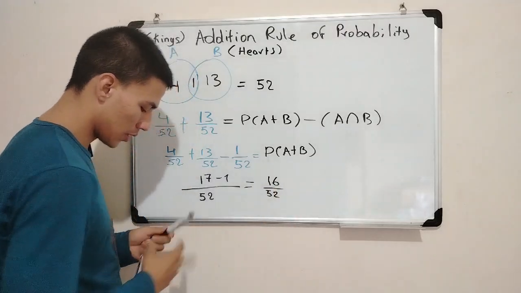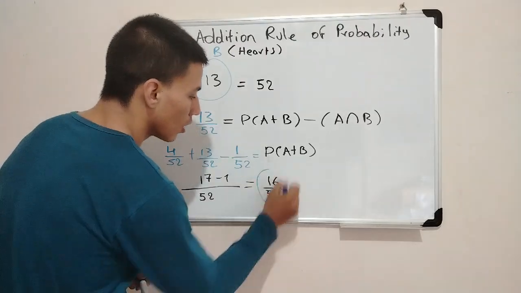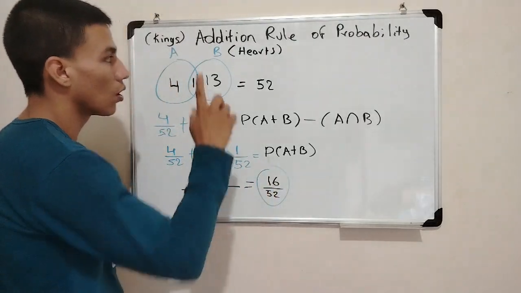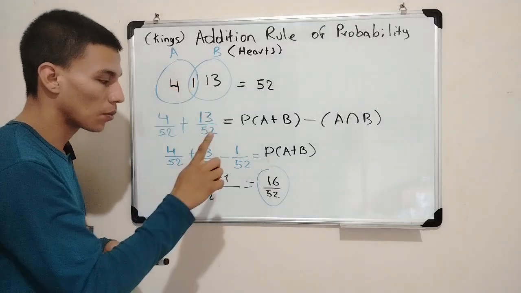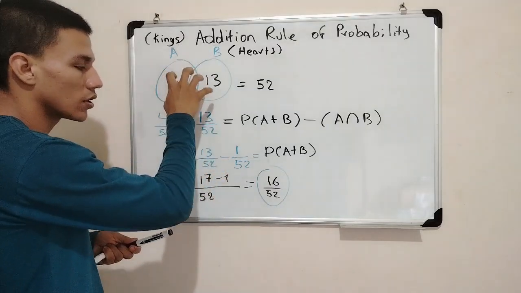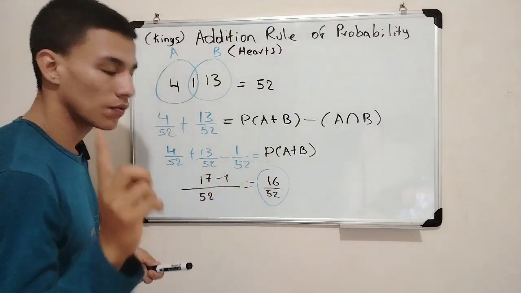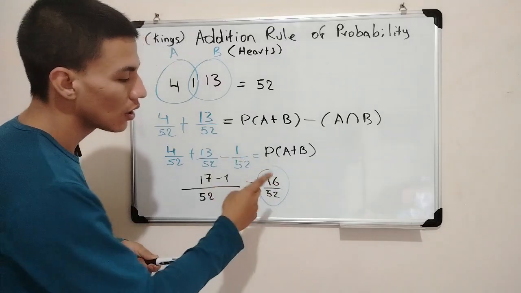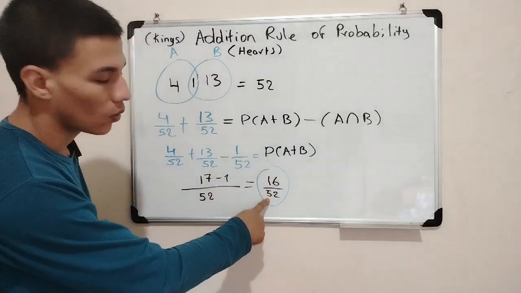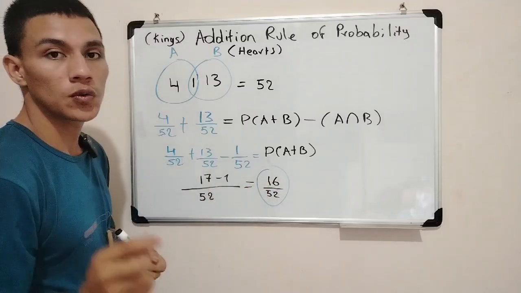This is the probability. The probability of getting these two sets is 16 out of 52, 16 divided by 52.